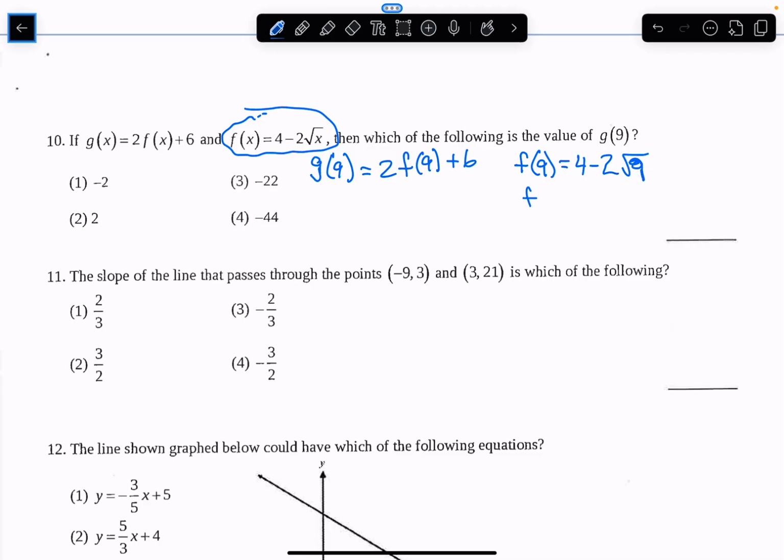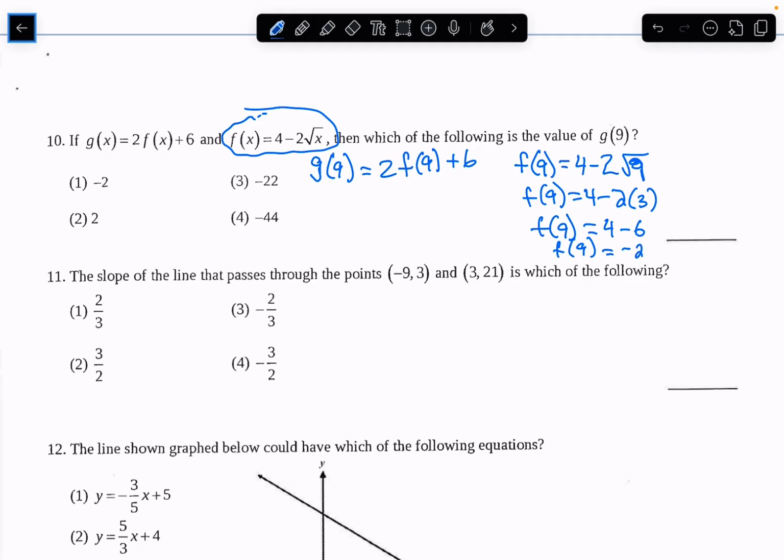This becomes f of 9 is equal to 4 minus 2 times 3. Okay, so f of 9 is equal to 4 minus 6. So f of 9 is equal to negative 2.